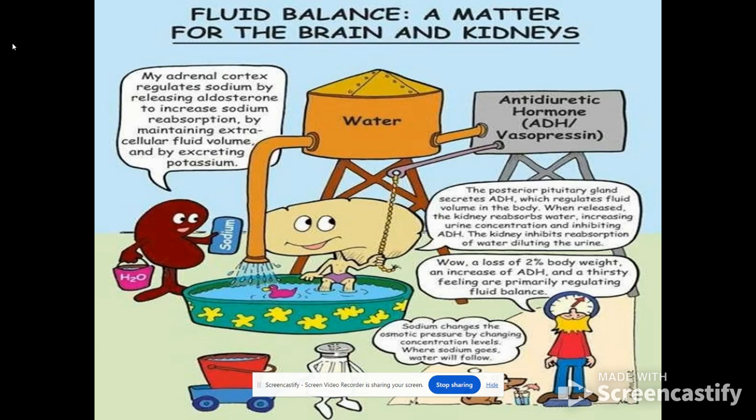So the renal system, again, the kidneys are the primary organs in regulating fluid volume and electrolyte balance, which maintains homeostasis. The endocrine system controls the fluid and electrolyte balance, and again, it's maintained by the renin-angiotensin-aldosterone system and the antidiuretic hormone.